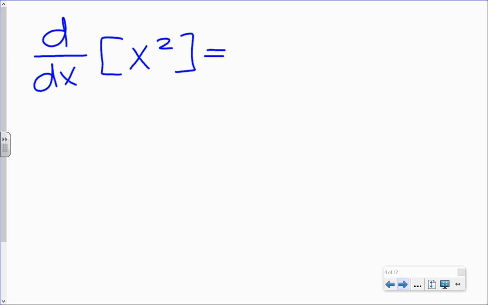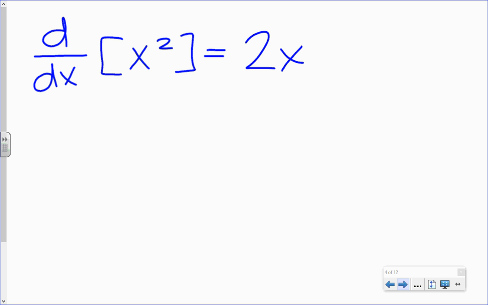Let's think about this. Sorry, wireless is a little slow today. The derivative with respect to x of x squared. What would you tell me? Plus 2x.